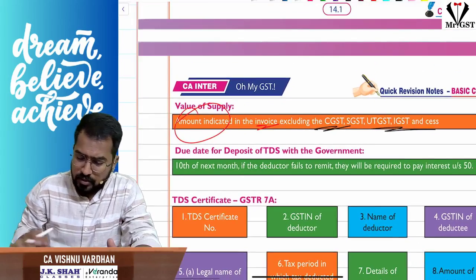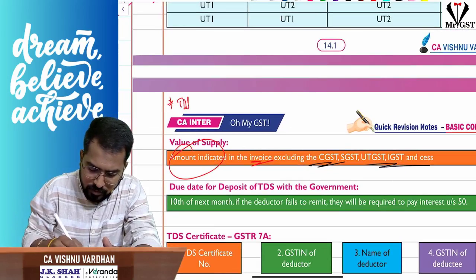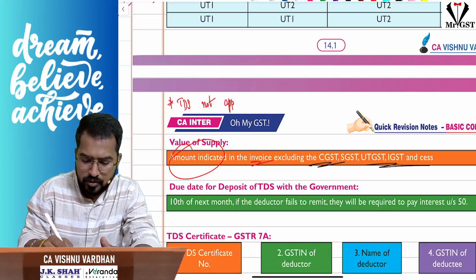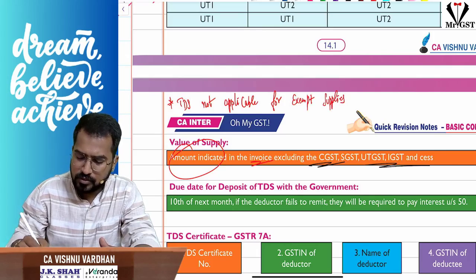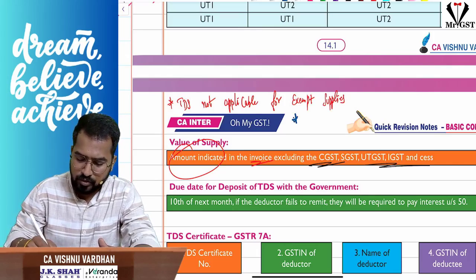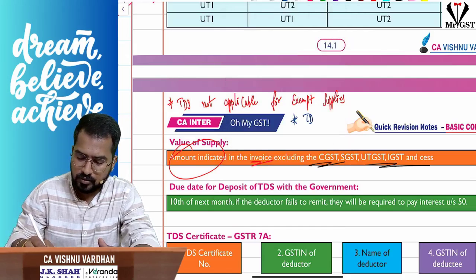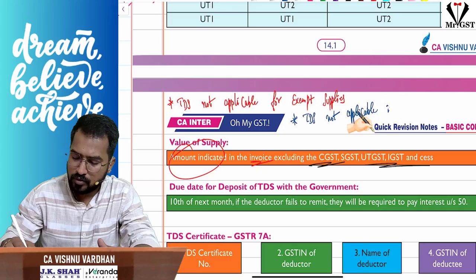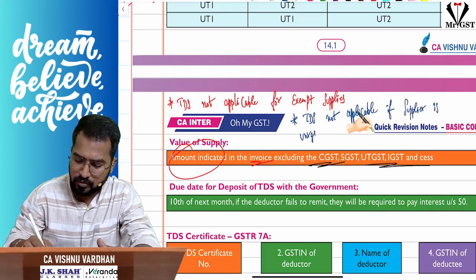Please understand, write down one key point anywhere where you are comfortable. TDS is not applicable for exempt supplies, and also TDS is not applicable if the supplier is unregistered.